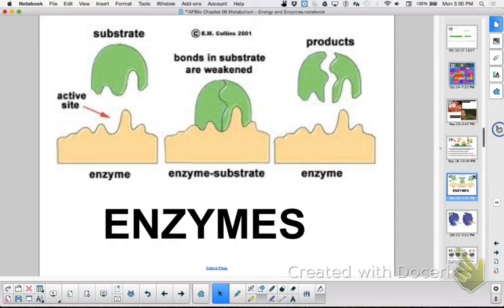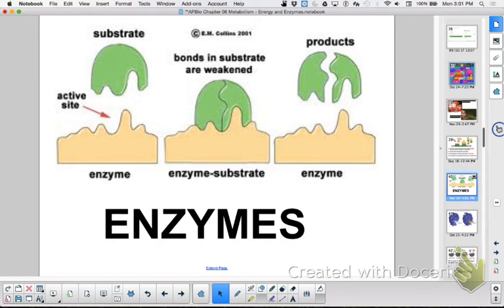That active site. And because enzymes are proteins, what do we always know about proteins? They're very what? Specific. So when the substrate binds to the active site, you have an enzyme-substrate complex, and it might actually change its shape a little bit.